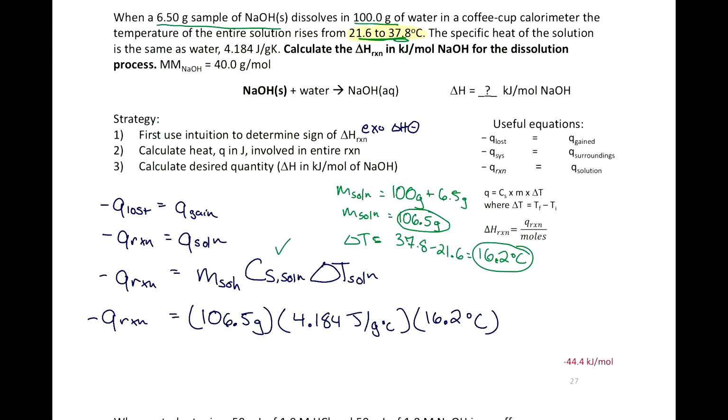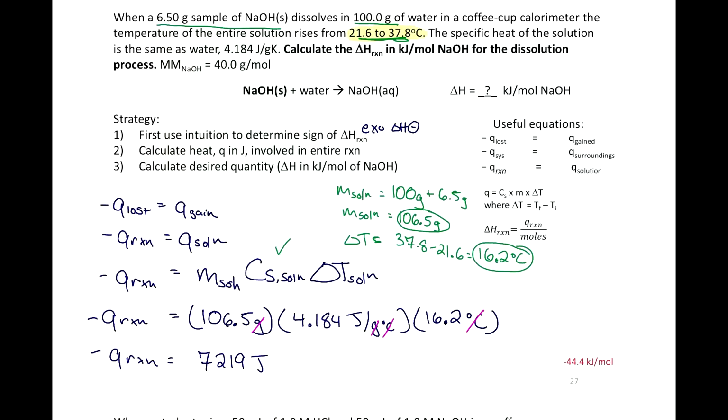And so when you cancel units, you see grams cancels, Celsius cancels. So we do get that Q reaction ends up being a joule amount, so an energy amount, which is good. All right, so negative Q reaction equals positive 7219 joules, I think. All right, so about 7,000 joules.